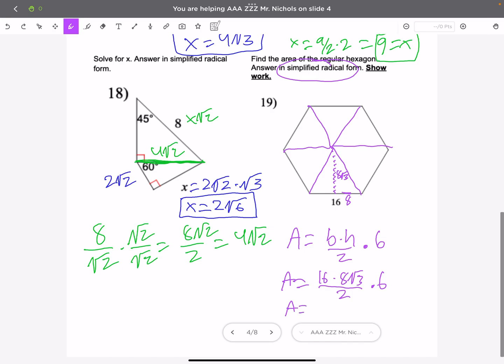Well, that area is equal to 16 divided by 2 is 8. 8 times 8 is 64 root 3 times 6, which our final answer is 384 root 3 square units, like this. 384 root 3.